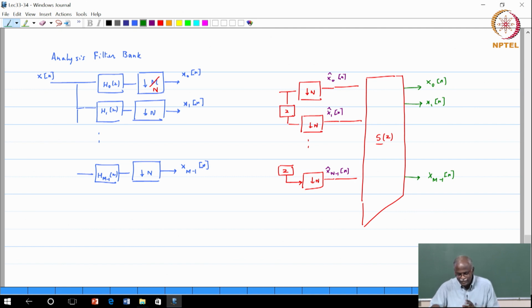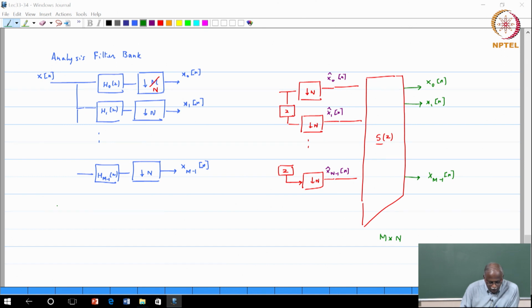This matrix S of Z is not a square matrix, it is a rectangular matrix. The dimensions of S are m cross n. So it takes in n inputs, produces m outputs, so therefore we have shown it as a trapezoid. Okay. So if I were to say it in words, what did we do here?